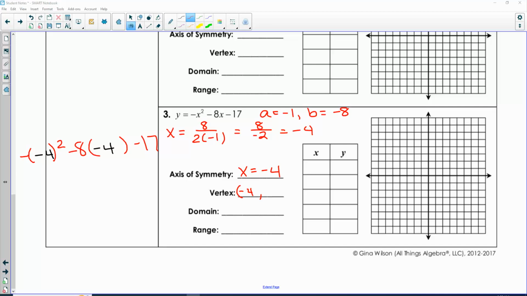What did you get when you plugged in that -4? You should get -1. Is that what everybody got?